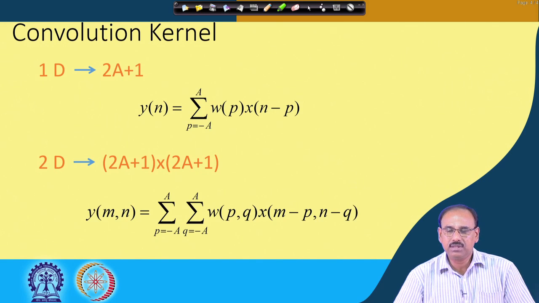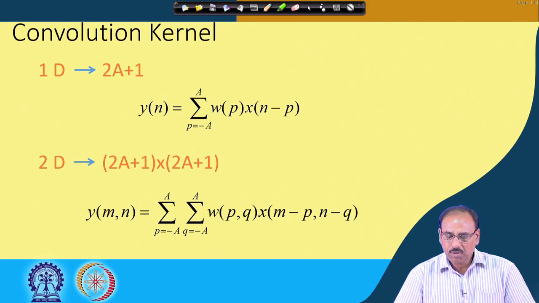So if the value of a is equal to 1, both p and q will vary from minus 1 to 1, 0 inclusive. That means my convolution kernel will be of size 3 by 3.